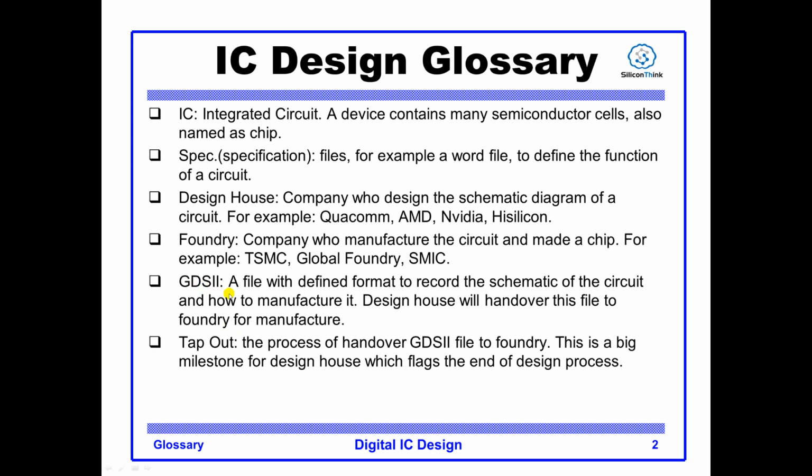GDS2. GDS2 is a file format to record all the information of how to manufacture a chip. So after the design process is done, the design house will hand over a GDS2 file to the foundry, and the foundry will use the GDS2 file to manufacture the chip.